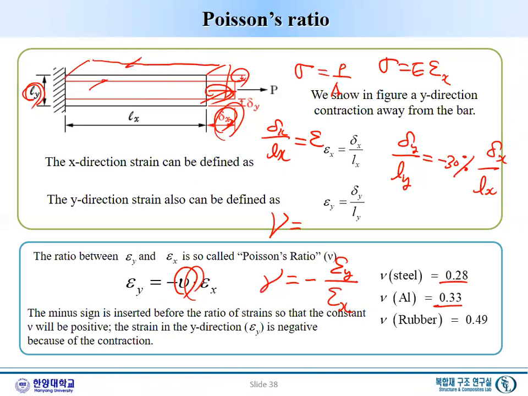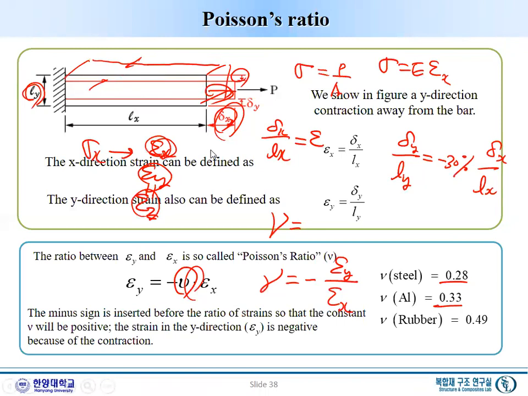Very, very, very important. Okay? So deformation wise, we have sigma x causing epsilon x, epsilon y, and epsilon z. This one, 30% of this, and this one, 30% of this. This is the same. Okay? So you need to remember this.